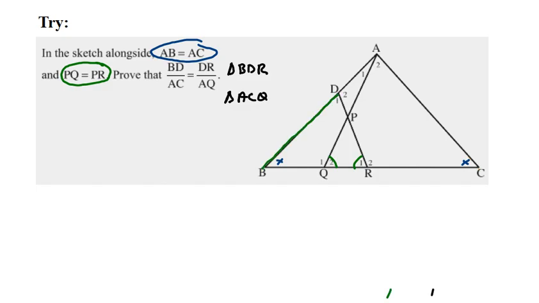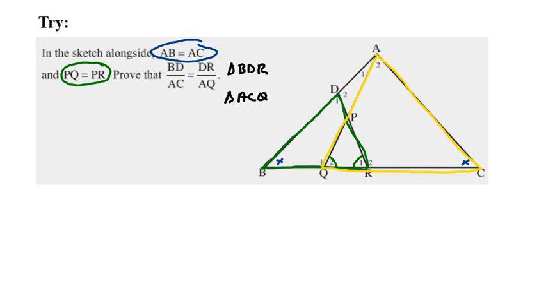Yes. And do I have a side BD and a side DR? Indeed, I do. Does the triangle ACQ exist? There is A, there is C, there is Q, and this triangle truly exists.